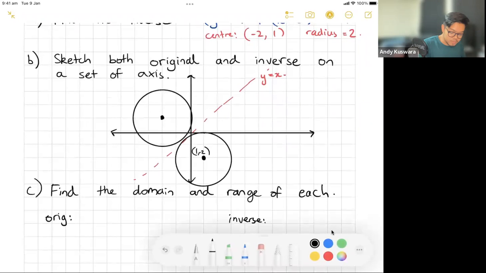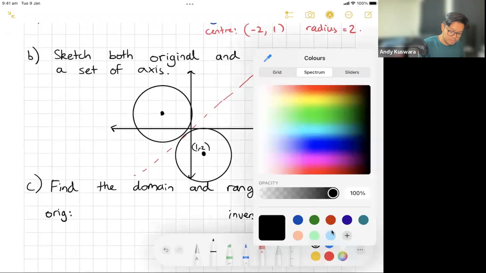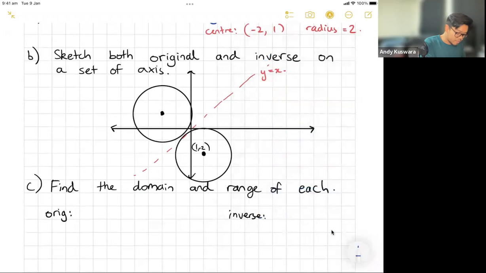So all we have to do is find the domain and range of the original, right? This one here is your orig, and this one's the inverse. With the original, we've got our domain. The x values are going to exist between -1 and 3.